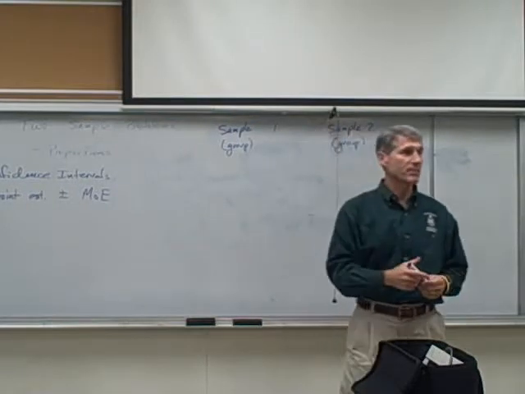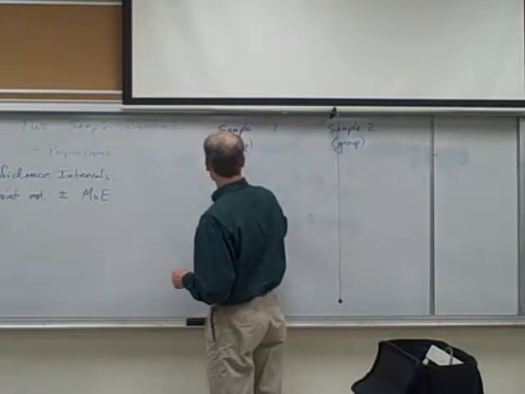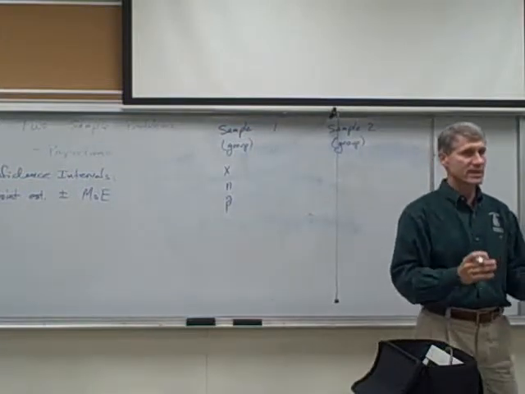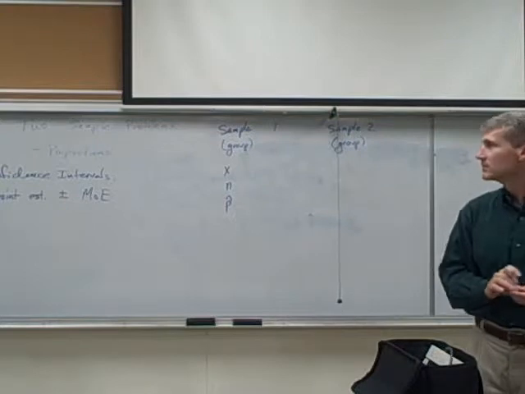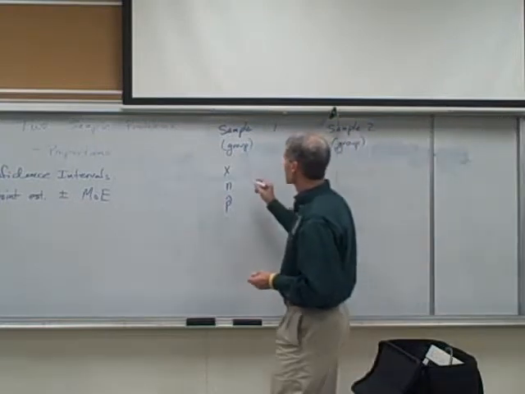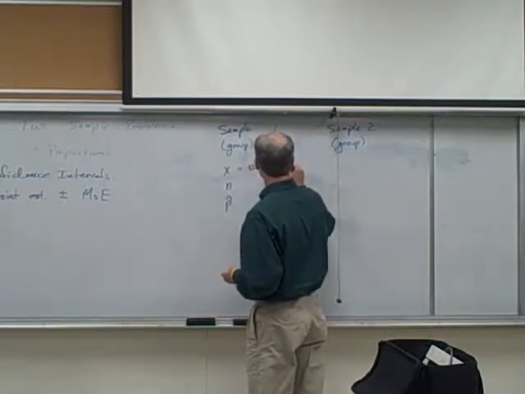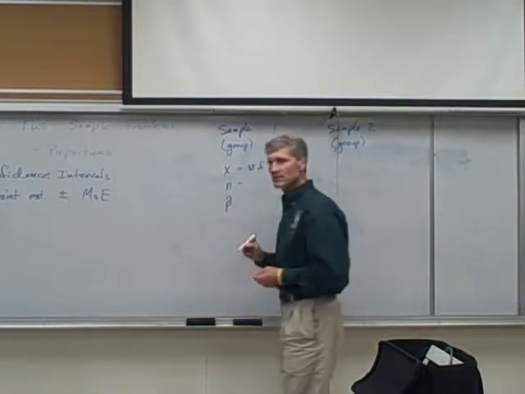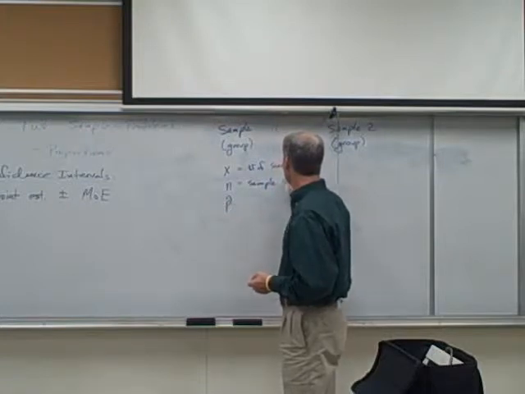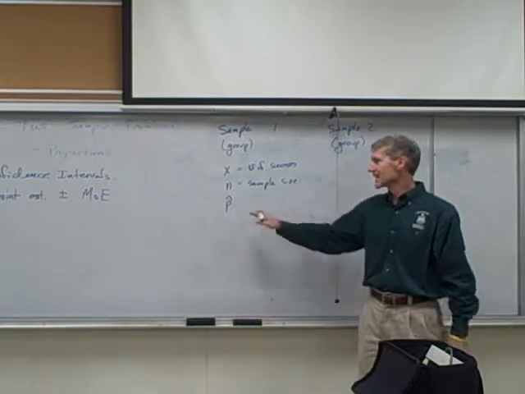When we have one sample proportions problems, we define X and N and P hat. Remember those? What is X? Number of successes, right? So X is number of successes. N is sample size. And P hat is point estimate of the proportion. So it's the sample proportion.